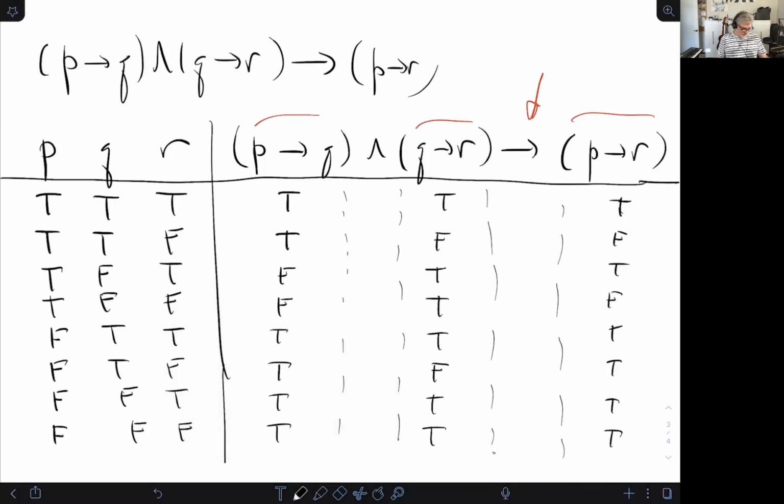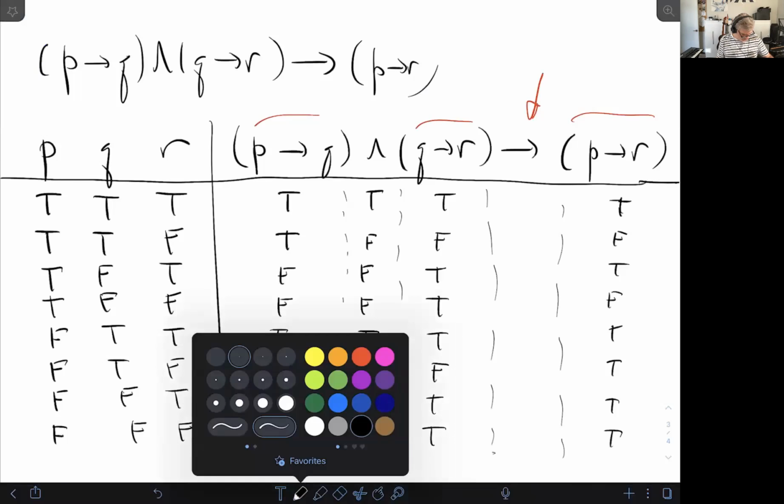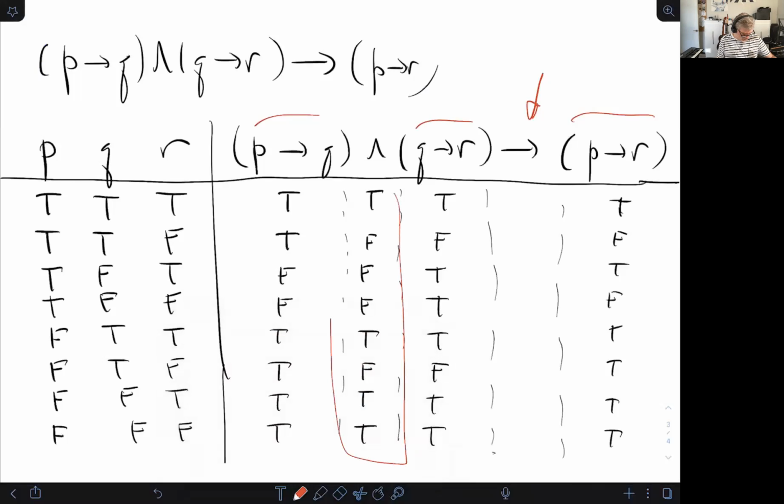Okay, so I'm just evaluating the 3 implications. Next, I need to evaluate this and. That's easy. So that's true, false, false, false, true, false, true, true. Okay, so now this is the value of the left-hand side.